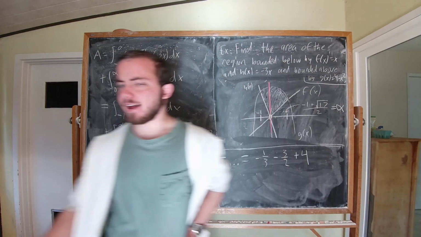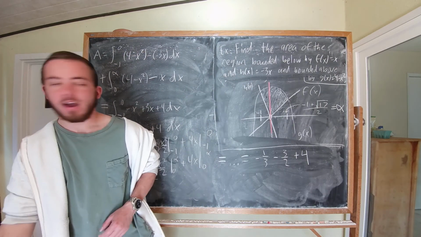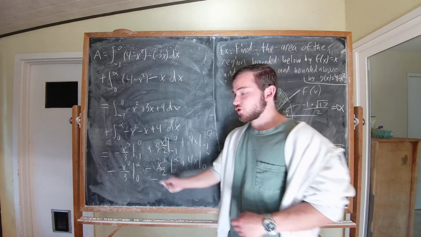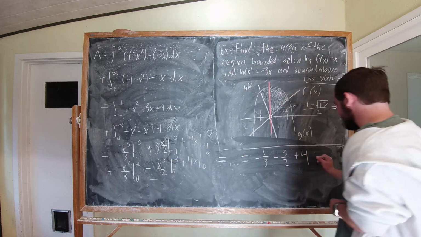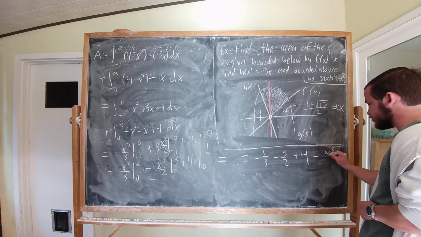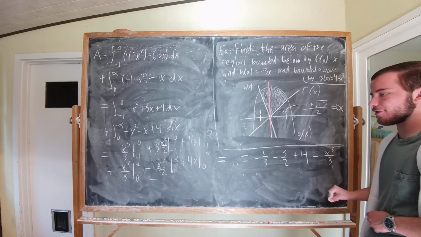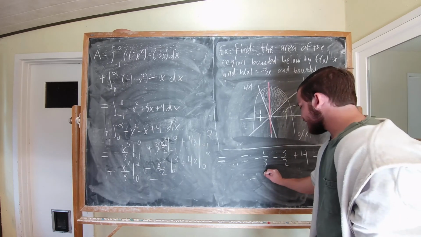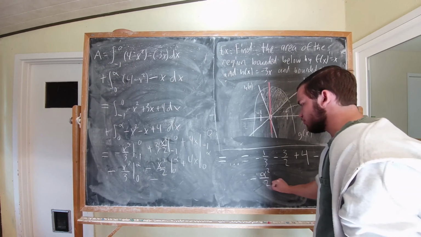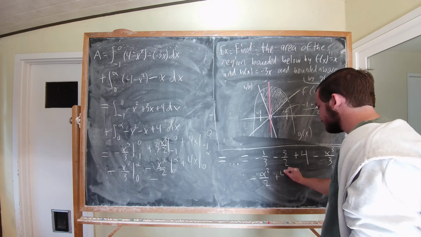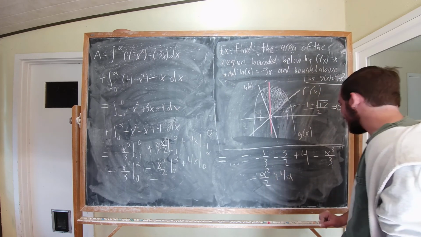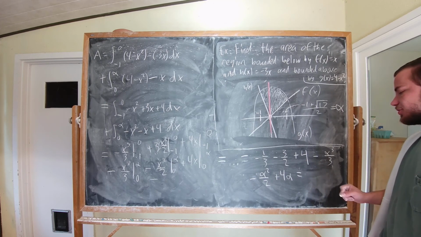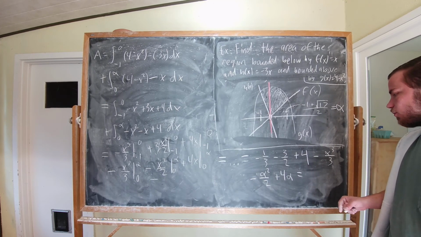All right, let's see here. So we have the plus 4 here. Then from here, just plugging in alpha, you're going to have minus alpha cubed over 3 minus alpha squared over 2 plus 4 times alpha, which is equal to what?